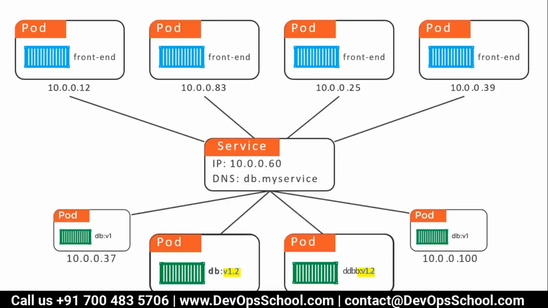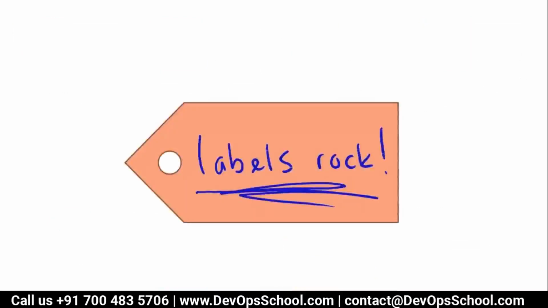Yes. Now the answer is labels rock. Label is the answer for many questions. Again, in a simple way, before getting into the labels part, service is basically a load balancer managed by Kubernetes, which will help you load balance your pods. The IP address of the service never changes, and DNS never changes.